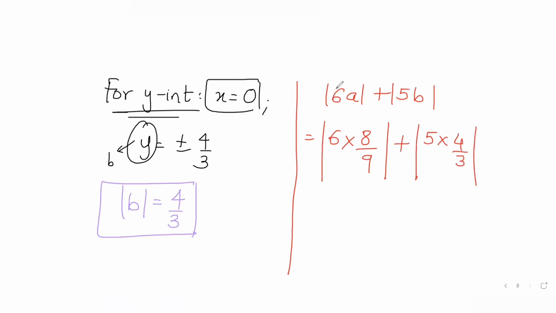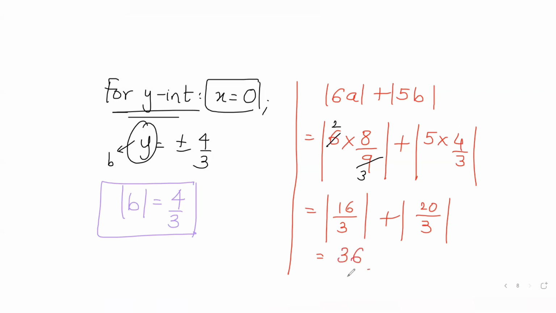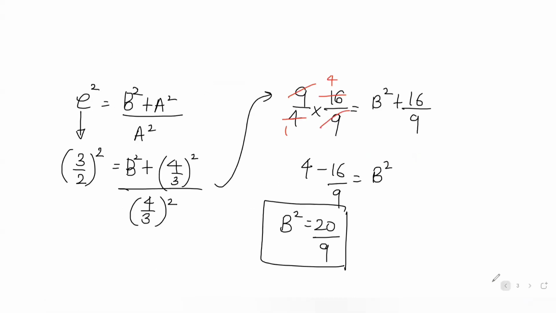So you get mod of 16/3 plus mod of 20/3. Since it is in the mod, both of them are positive, so you get 36/3. So 16 plus 20 is 36, and 36/3 gives you 12. So the answer for the entire expression turns out to be 12.